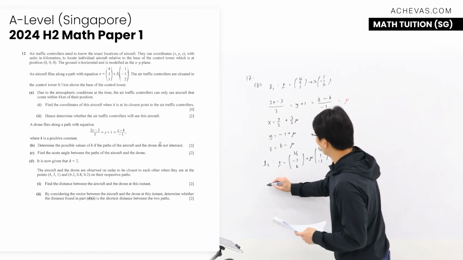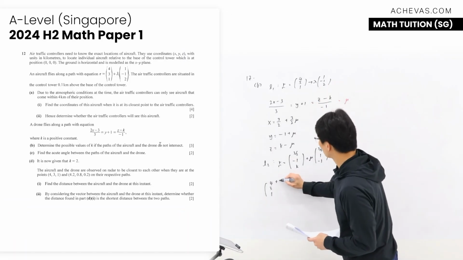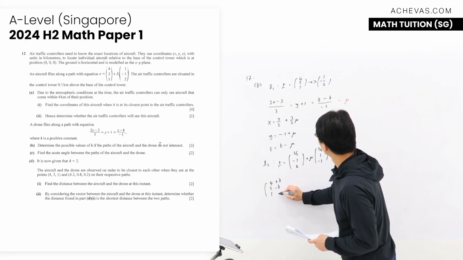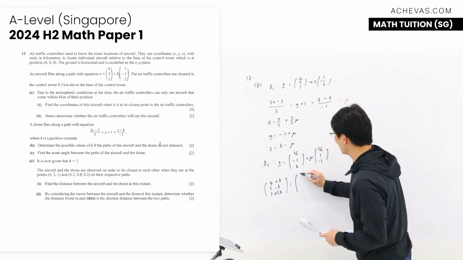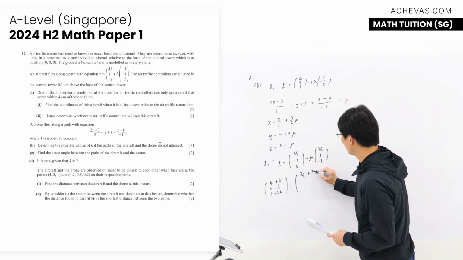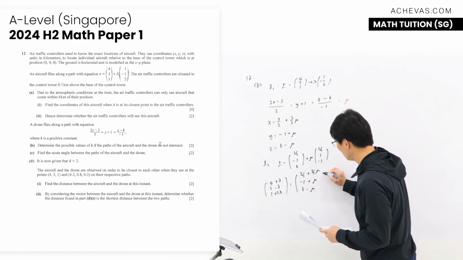Okay, I will get (4, 3, 1) plus lambda (1, minus 1, 2), let's combine together, equate to, combine these two together also, (3 over 2 plus 3 over 2 mu, minus 1 plus mu, k minus mu).